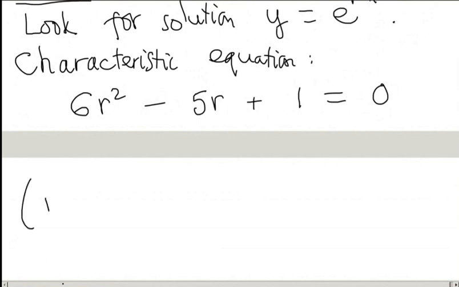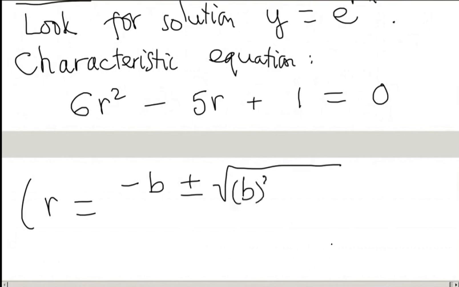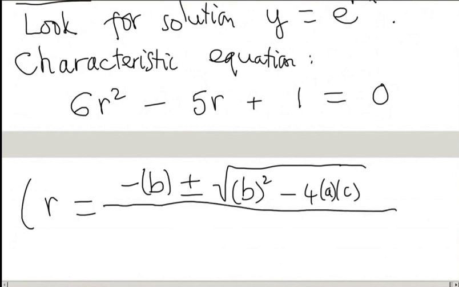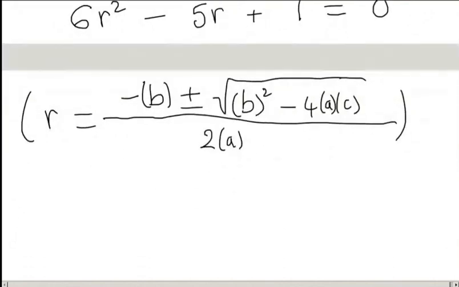R will be minus b plus or minus the square root of b squared, and I should put parentheses around these values, b squared minus 4ac, and everything must be divided by 2a. That's the quadratic formula. So let's write it down. We have b here is -5. The whole thing is b.